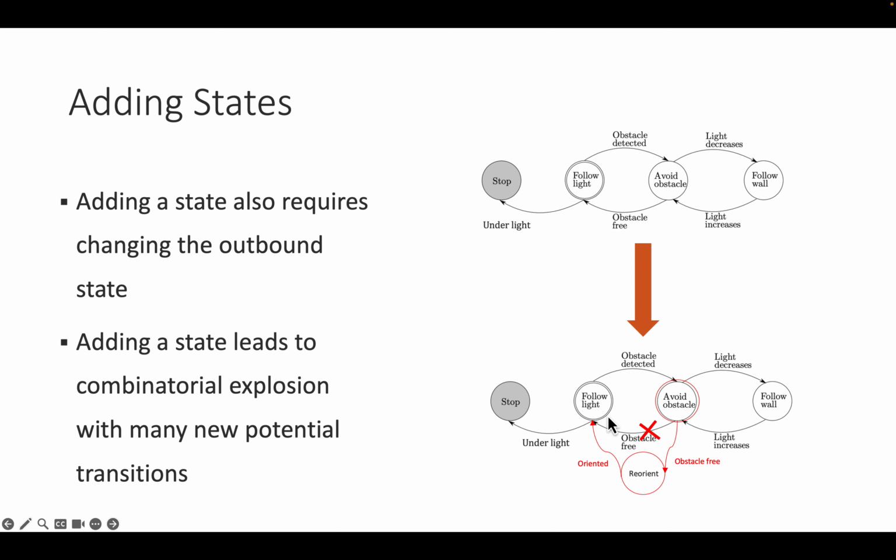Same thing: as soon as you do that, you will realize that there might be other previous states that will require you to go into reorient, or you would want to go from reorient directly into stopping, or whatever. So the idea I want to convey here is that adding a state really leads to a combinatorial explosion with many new potential transitions, and you are kept pretty busy with these kinds of state machines.